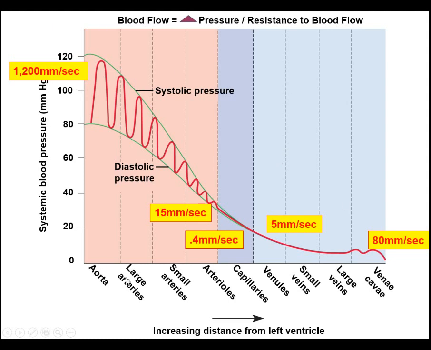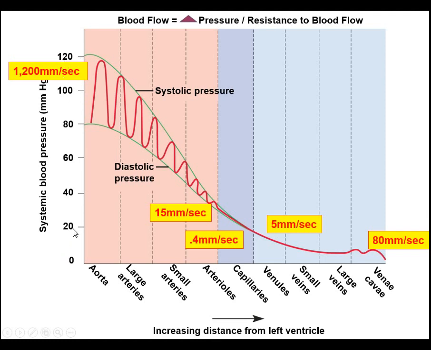Don't get overwhelmed by this picture. Here's our equation again. I love this picture, and I love the way we can work with it. Let's first take a look at what we have here. On the y-axis, we have our blood pressures, millimeters mercury.